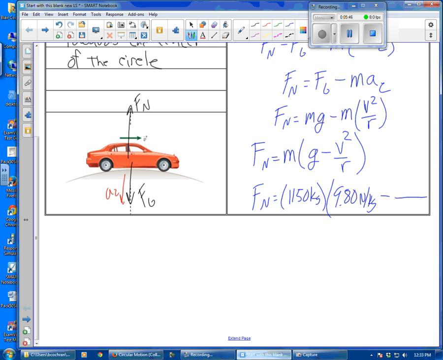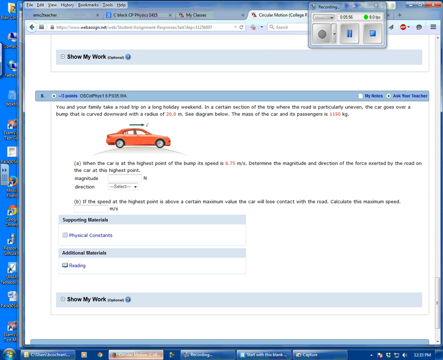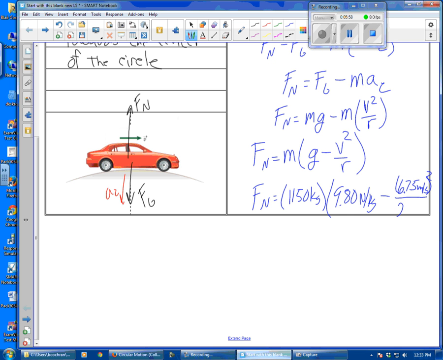So 6.75 meters per second, that quantity squared, over my radius, which is 20 meters. And I can solve for my normal force.